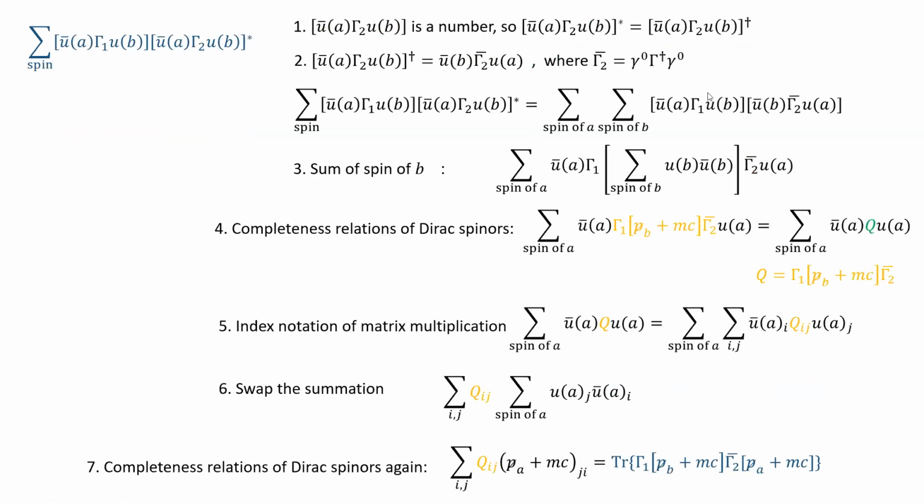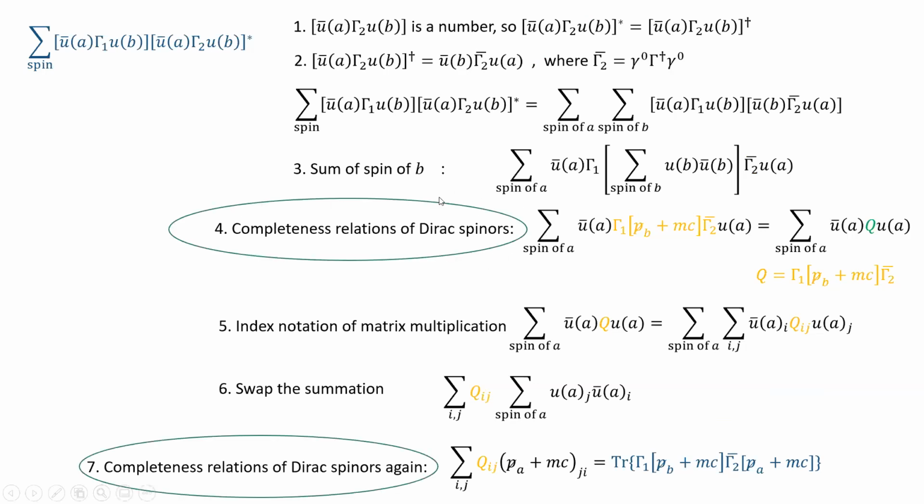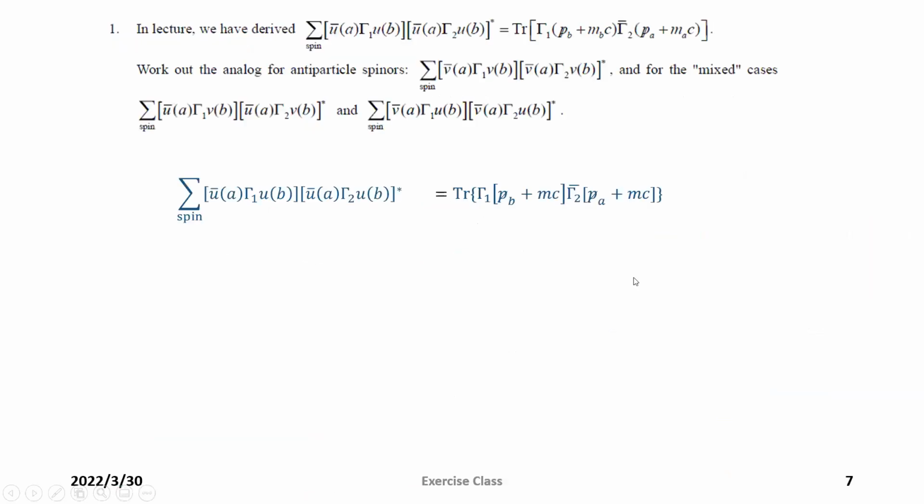So here I put all the steps together, and you can see that only in these 2 steps we have used the properties of the U spinor, and so it now becomes very trivial how we treat the antiparticle spinors.